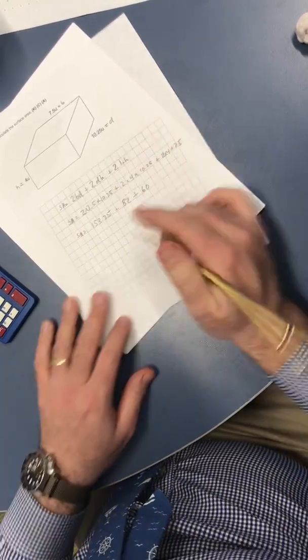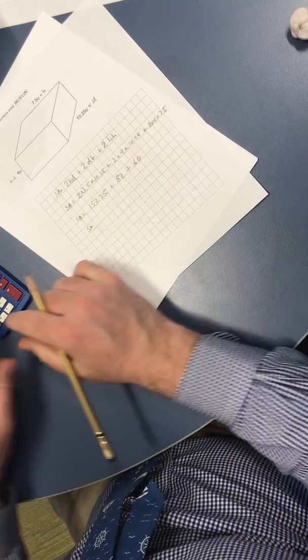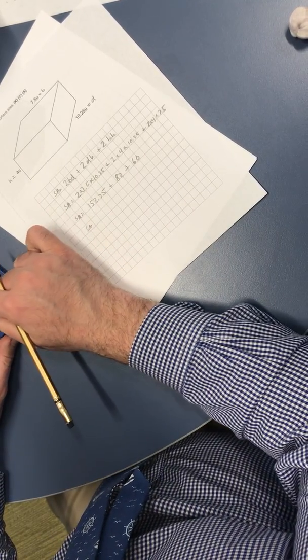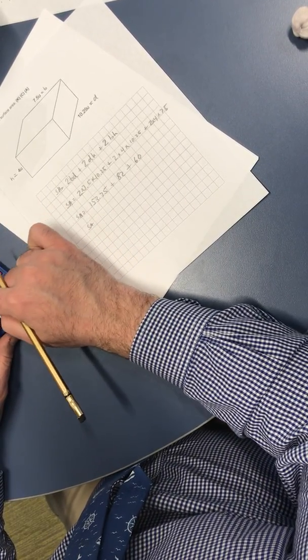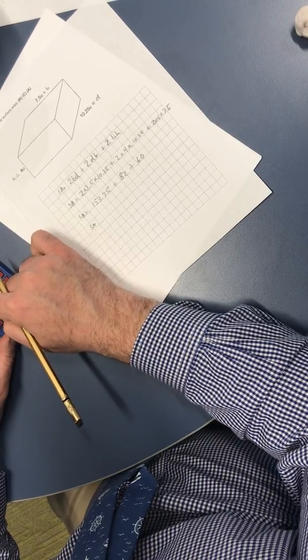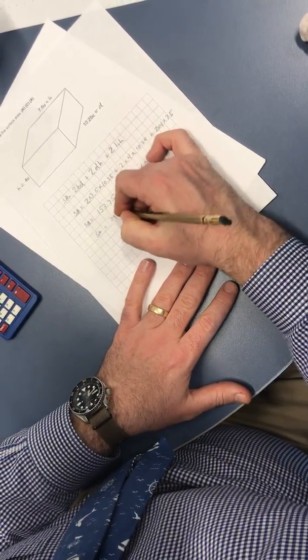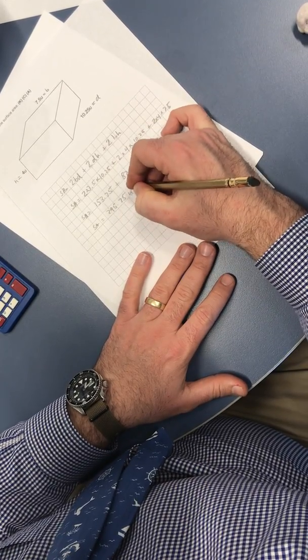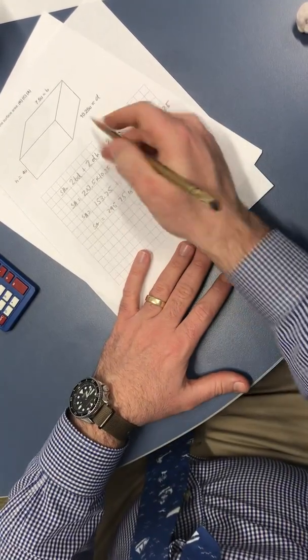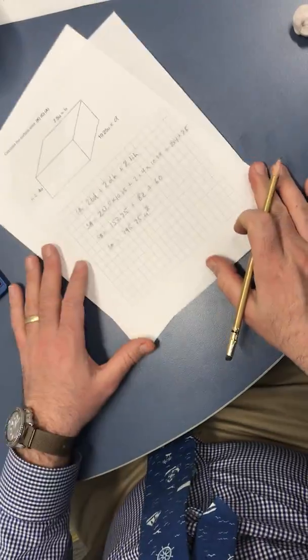So now I add those 3 up. 60 plus 82 plus 153.75 equals 295.75 units squared. Right? We're not in centimeters, we're working in units here.